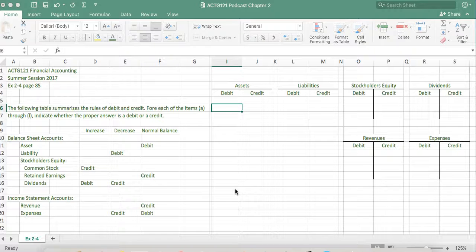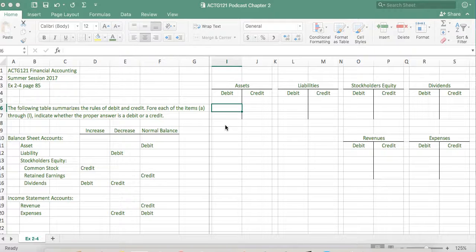Now, assets, liabilities, stockholders' equity, revenues, expenses, and dividends are categories, and each category has individual accounts. For example, assets are cash, accounts receivable, prepaid insurance, supplies, buildings, land, things like that.